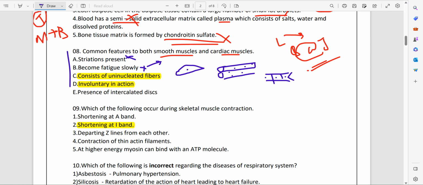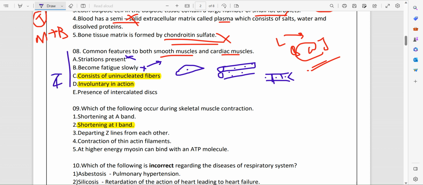The next statement, presence of intercalated discs. Intercalated discs are present in the myocardium, which is the cardiac muscle. They're present in between cells, so that's unique to cardiac muscles. It's not present in smooth muscles. The answer would be 4, because C and D are correct.